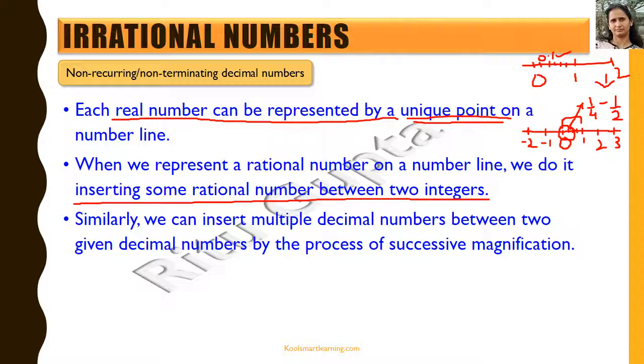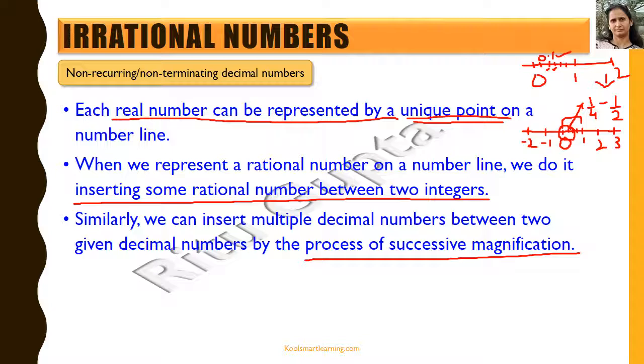Now if we need to mark 0.25, between the 0.2 and 0.3 divisions we can magnify it and make further 10 divisions and then we can mark 0.25 there. So we use the process of successive magnification to represent a decimal number.